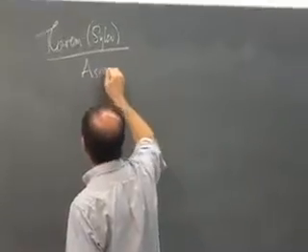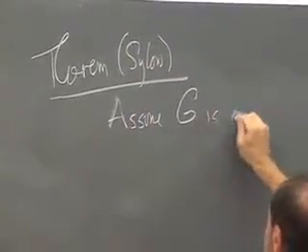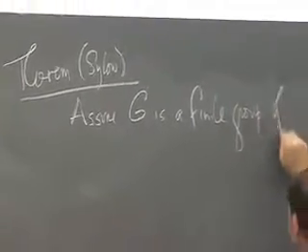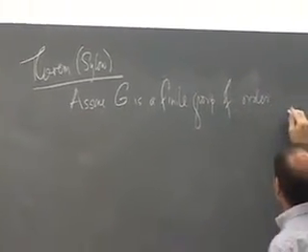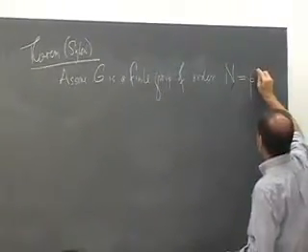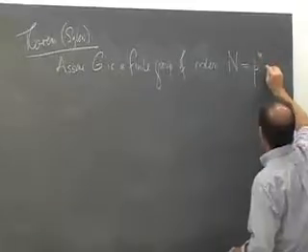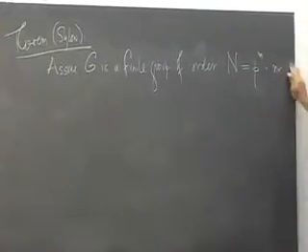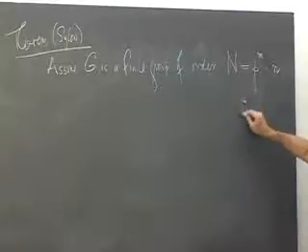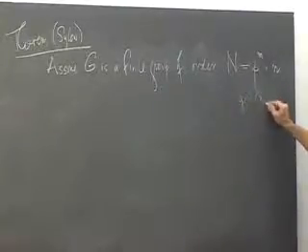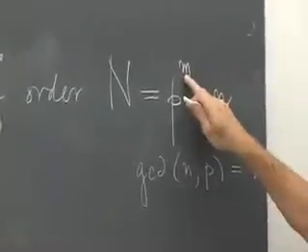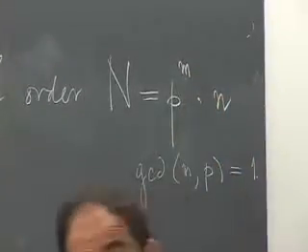Assume G is a finite group of order n, which is factored as p to the m times n, some power of a prime p times a number where n is prime to p. So that this is the highest power of p that divides the order of the group.